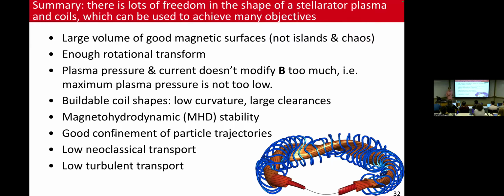But these are ongoing work in the community. So I do have extra slides if you want to talk about this. But yeah, unfortunately, the list for both stage 1 and stage 2 just keeps on going. There's always more stuff we want to optimize, prescribe, get the best stellarator performance we can get, and get the simplest and most buildable coils we can hope for.